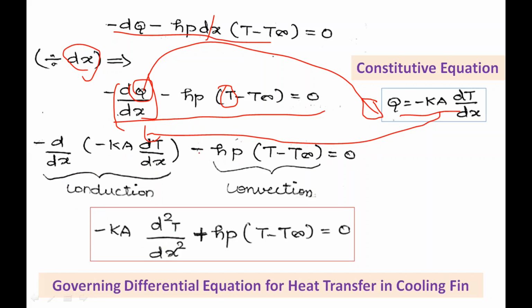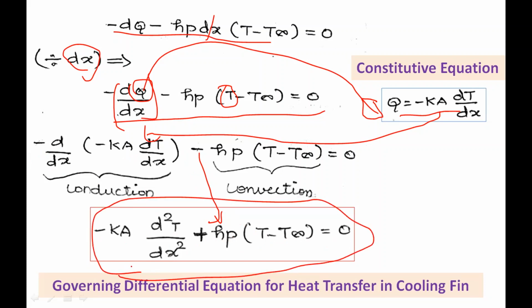So we will get minus kA d square T by dx square. Now this minus will become plus hP (T minus T infinity) is equal to 0. This is the governing differential equation for this cooling fin problem by considering both conduction as well as convection mode of heat transfer.